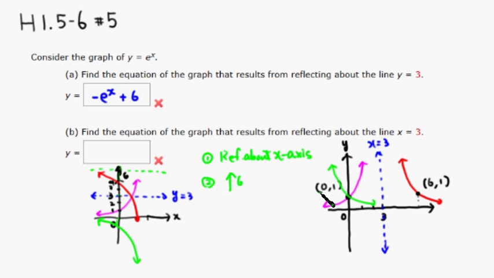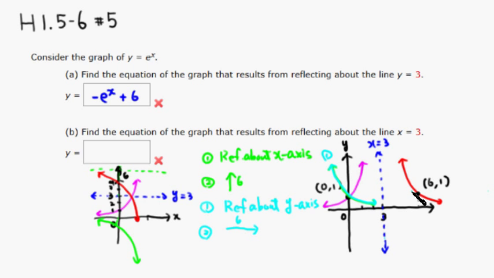And then shift it to the right. The first one is a reflection about the y-axis. Then you need to shift it to the right 6 units because you have to go from 0 to 6.